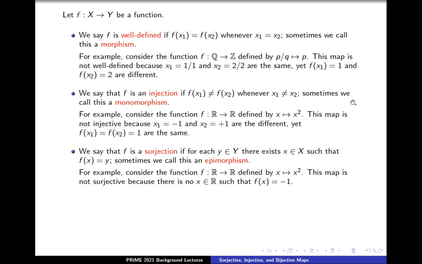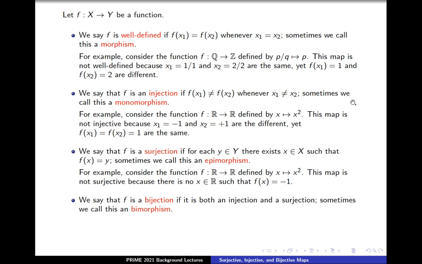This map is not surjective because there is no little x in R, such that, for example, f of little x is equal to negative 1. We say that f is a bijection if it is both an injection and a surjection. Sometimes we will call this a bimorphism.